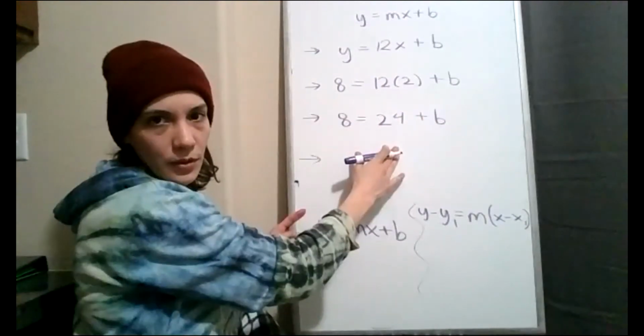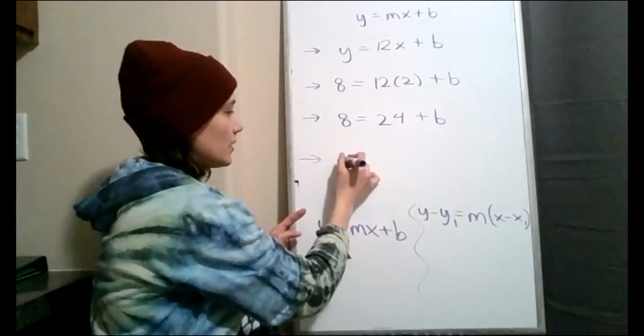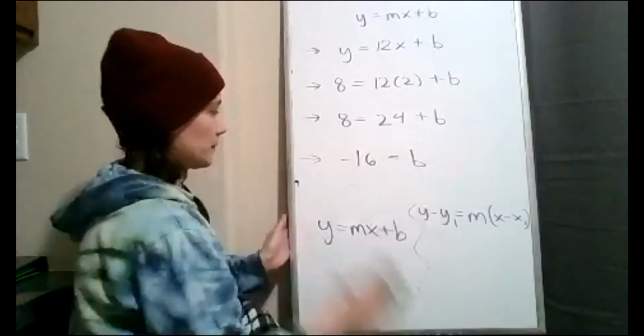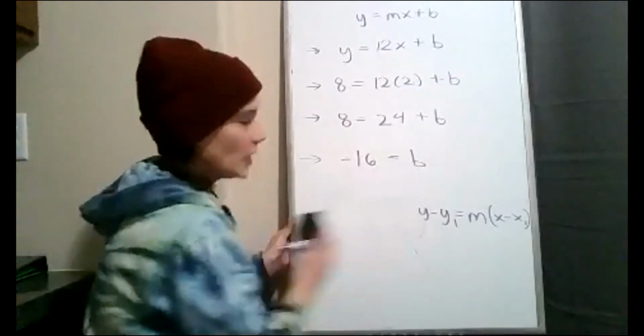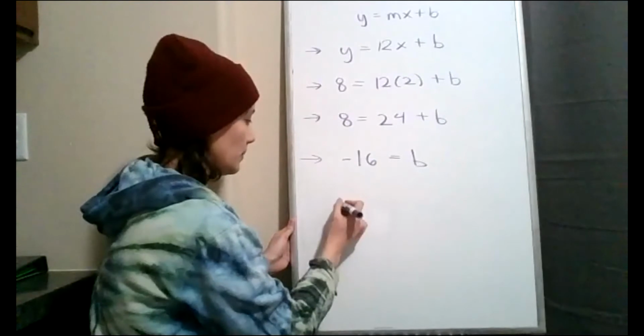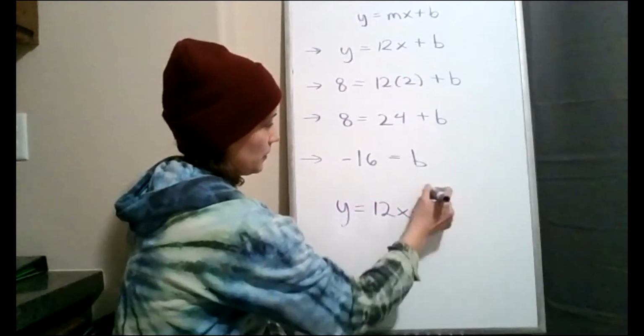Okay, subtract 24 from each side, and you have negative 16 equal to b. And then you have to finish the problem and rewrite everything so that you have y equal to 12x minus 16.